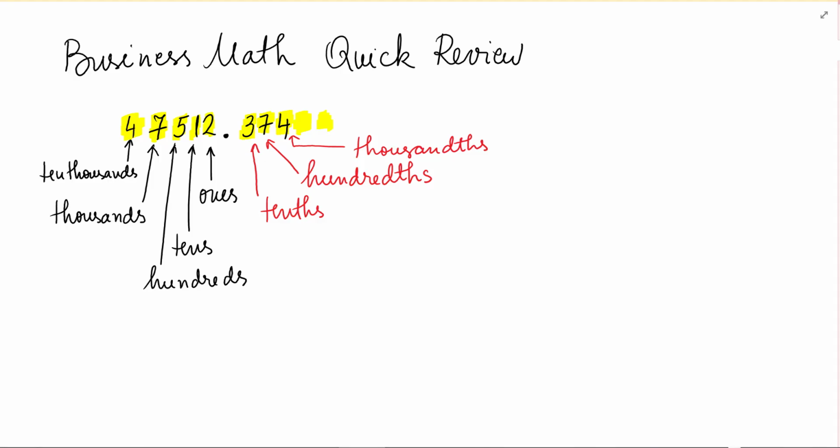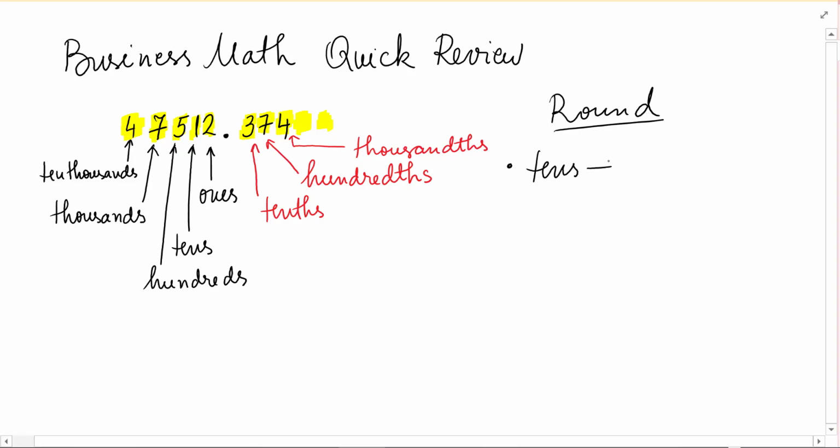But let's say we have this number. And what can we do with this number? Well, we can round it. And we can have some situations. Well, let's say we want to round it to the nearest tens. So what we do, we look at the digit for the tens, which is this one.